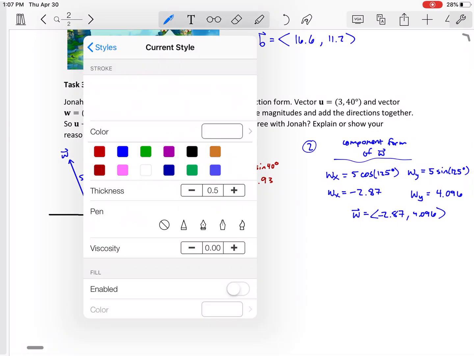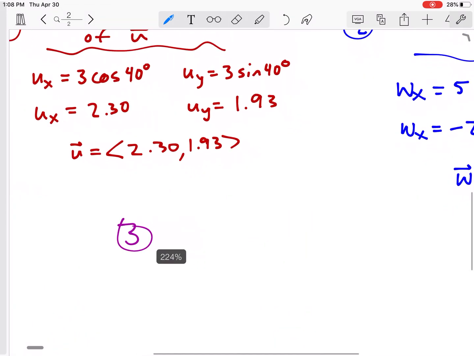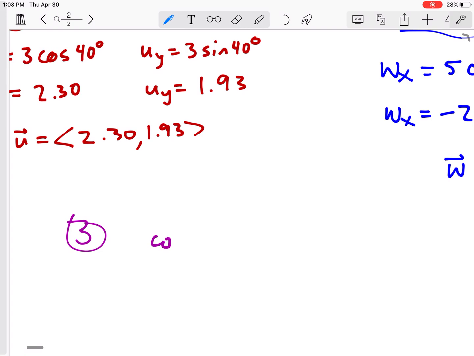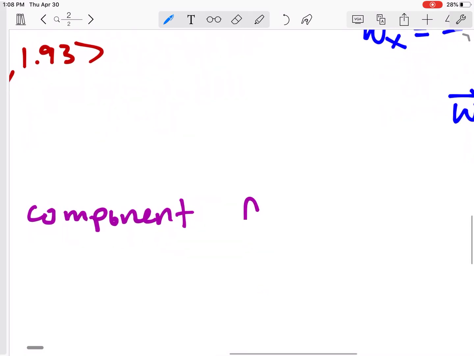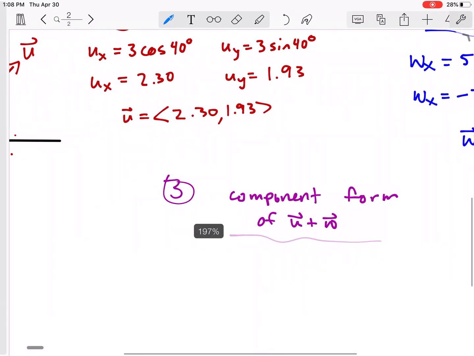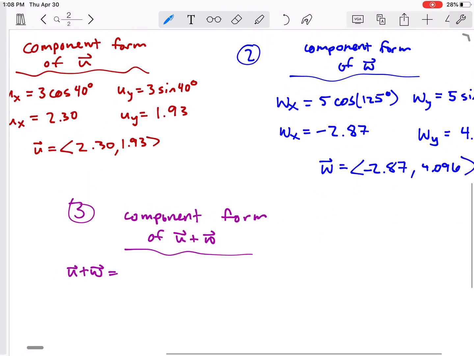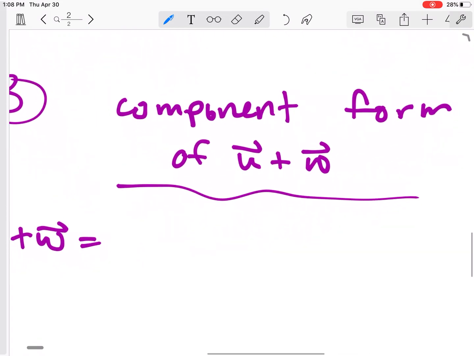All right, so what's really cool now is our third step in the process is we can add these to find the component form of the sum of U plus W. We learned in the last lesson that when we're adding vectors, we just have to add the horizontal components and add the vertical components.